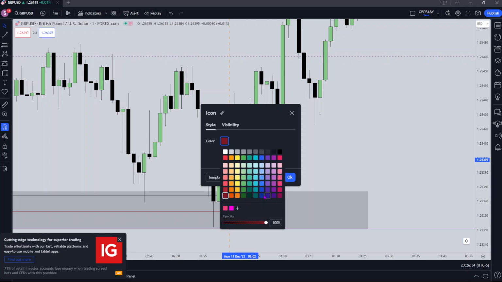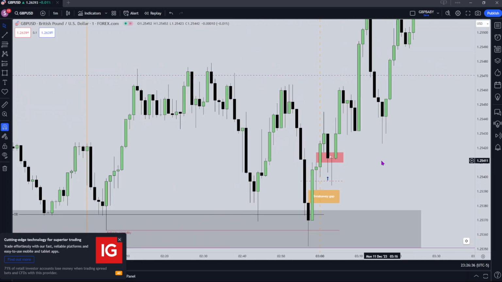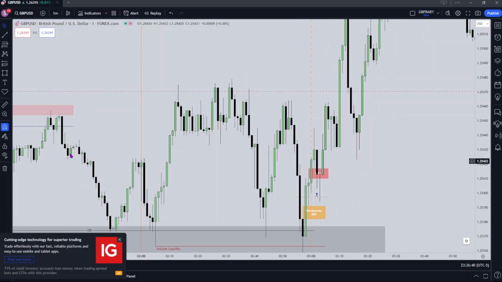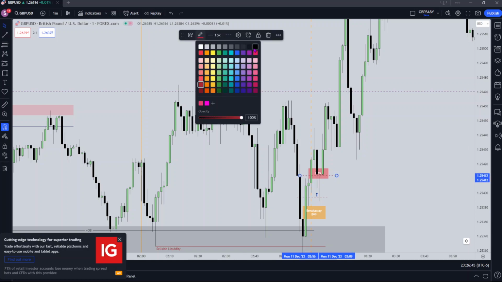We can buy that. And also we're trading into this order block here. This level is a bullish order block.